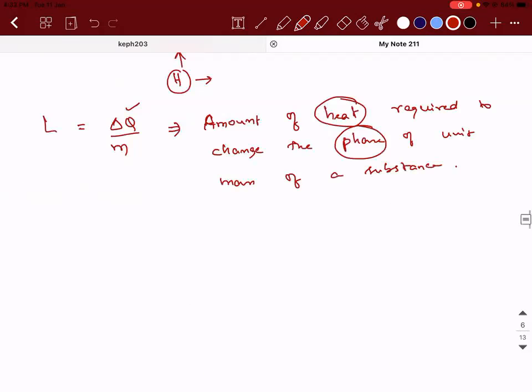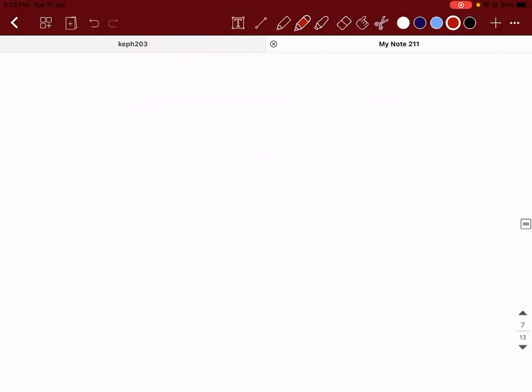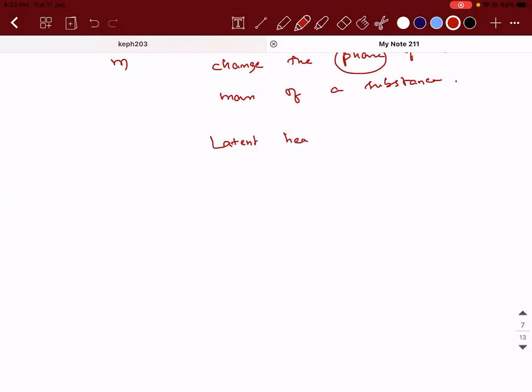Okay. So based on this process, there are two kinds of latent heats that are defined. Latent heat is basically classified into two types. One is called latent heat of fusion, and the second is called latent heat of vaporization.